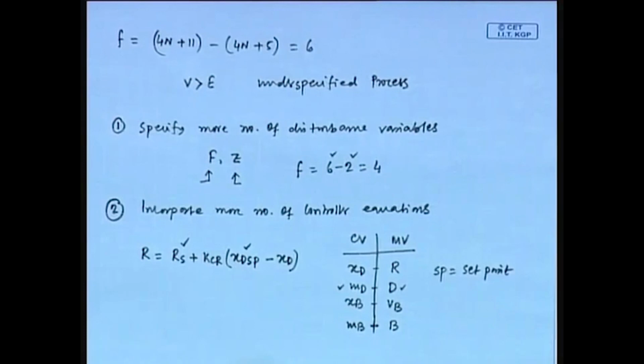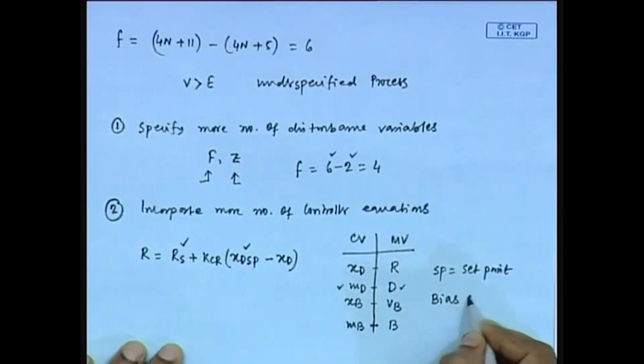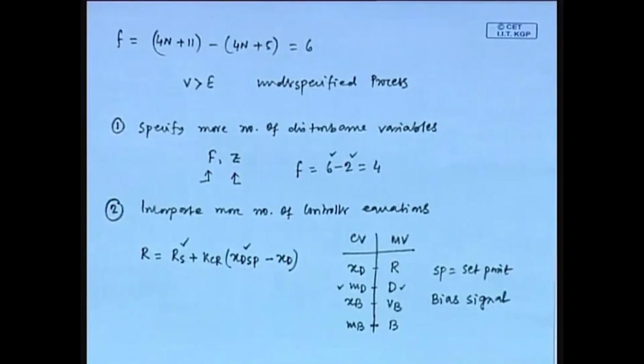Fine. And this RS is the steady state value of R. In process control, we call RS the bias signal, that is basically the steady state value of reflux rate R. KCR is the controller parameter which we need to determine, or we call it tuning parameter, that is basically a constant term.